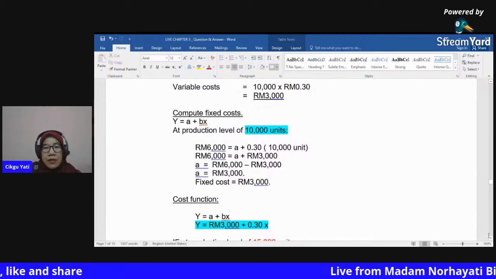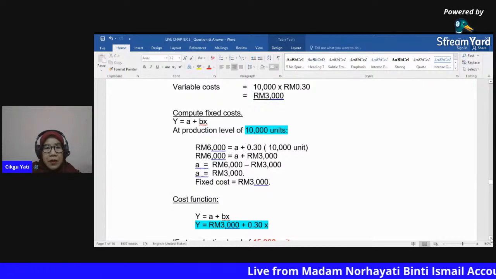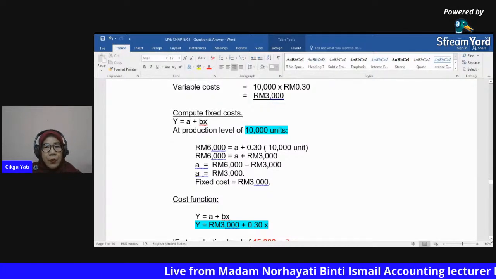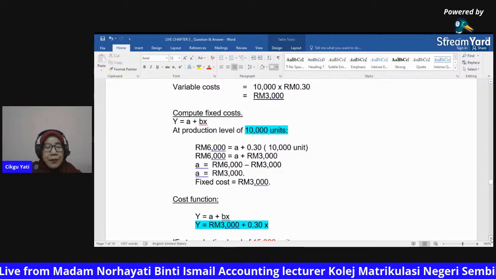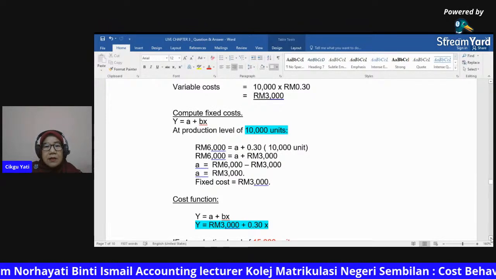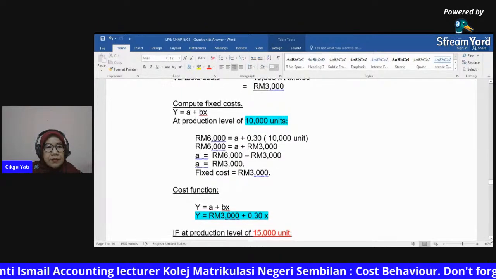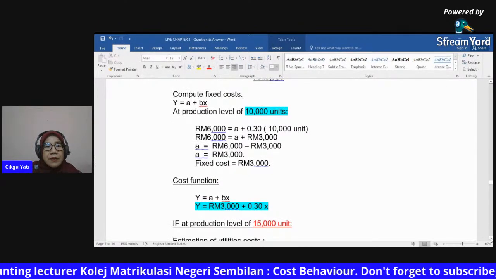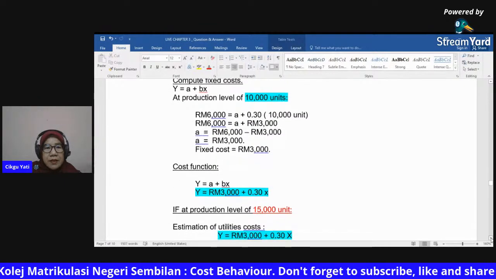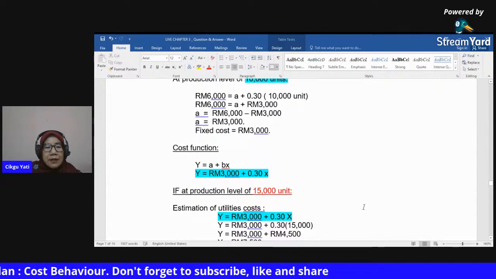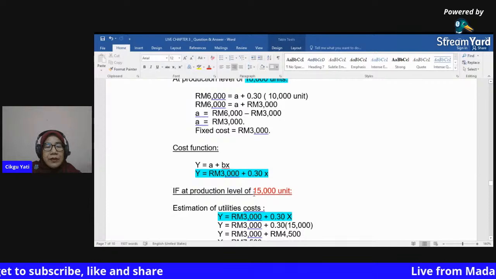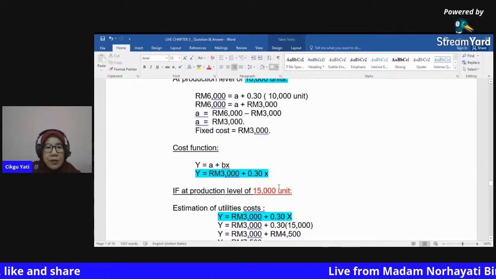Okay, so that one is for mixed cost. For variable cost, you also use the high-low method to calculate variable cost per unit. But for variable cost, the fixed cost is 0. Okay, now in the question, given calculate total cost when level of unit is 15,000.